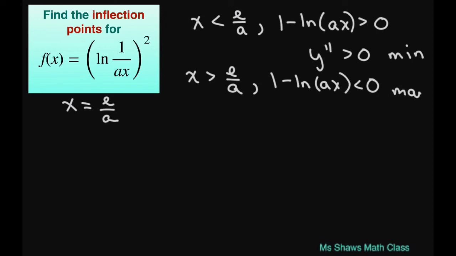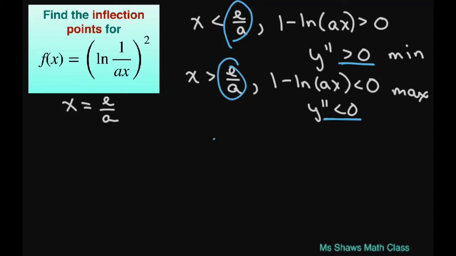We're just looking for the inflection points. So basically, looking at your second derivative, since they have different signs, we have positive and negative on either side of e divided by a.